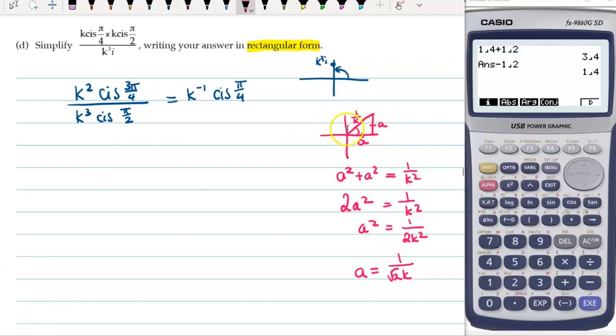Because we can see where it is on the Argand diagram, we know it'll be the positive roots for that. So in rectangular form, this equals 1 over root 2k for the x direction, plus the imaginary part is a in the imaginary direction, so it'd be 1 over root 2k i.